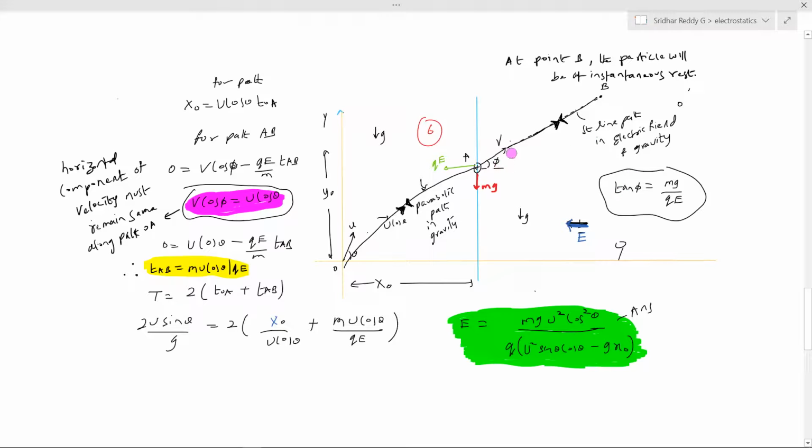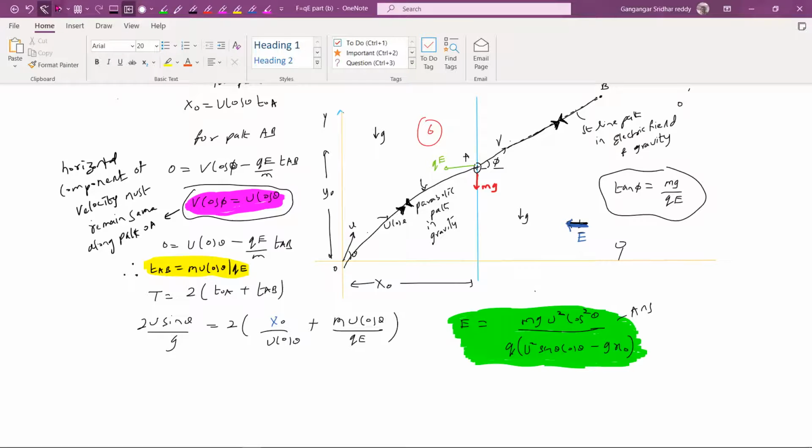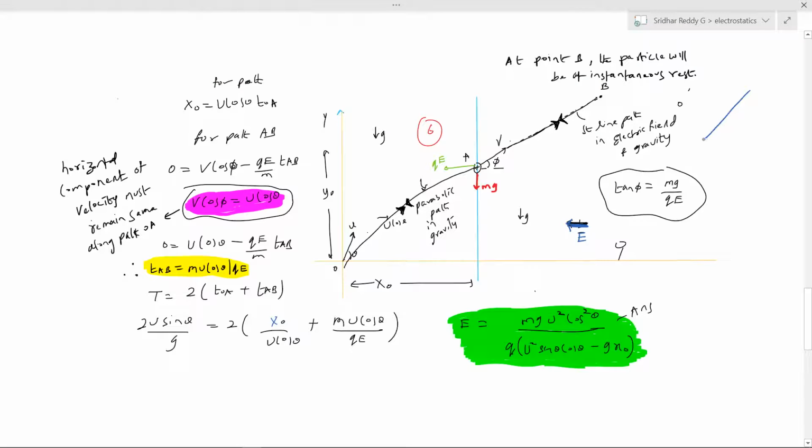The only thing is, let's do one thing. What is tan phi? This angle phi, can we define anything? Tan phi should be equal to mg by QE, no? Because for it to move in a straight line path, tan phi should be equal to mg by QE.